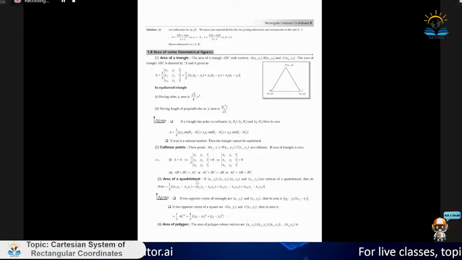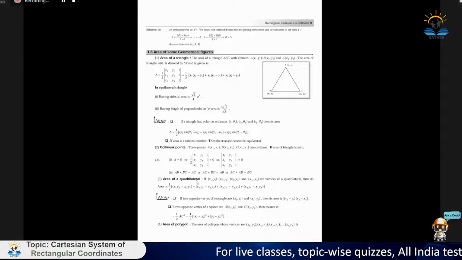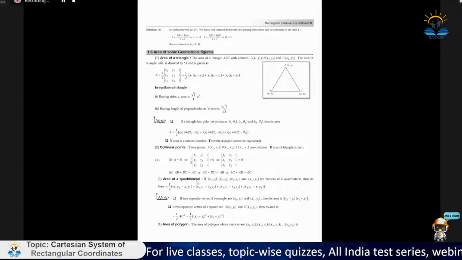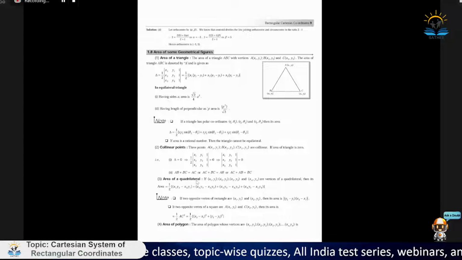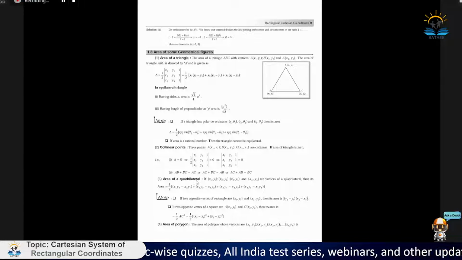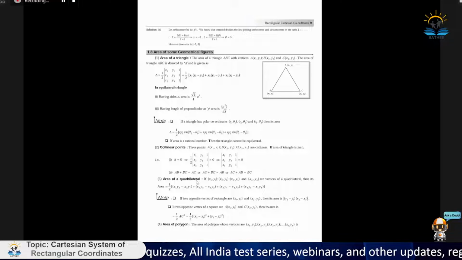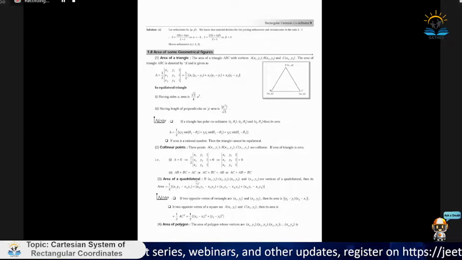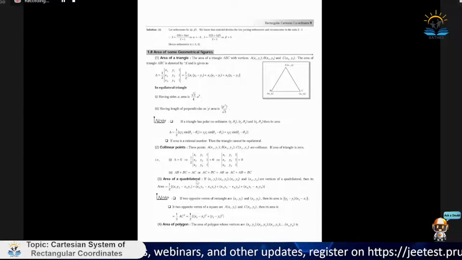And if you have an equilateral triangle with side length a, then the area would be root 3 by 4 a square. If you know the altitude length p, then the area would be p square by root 3. If you have a triangle with polar coordinates (r1, theta 1), (r2, theta 2), (r3, theta 3), then the area would be half of r1 r2 sin(theta 2 minus theta 1) plus r2 r3 sin(theta 3 minus theta 2) plus r3 r1 sin(theta 1 minus theta 3).